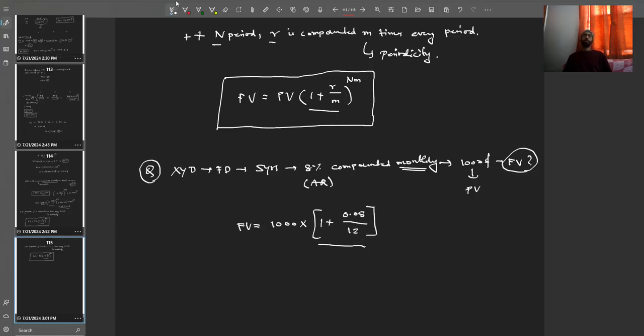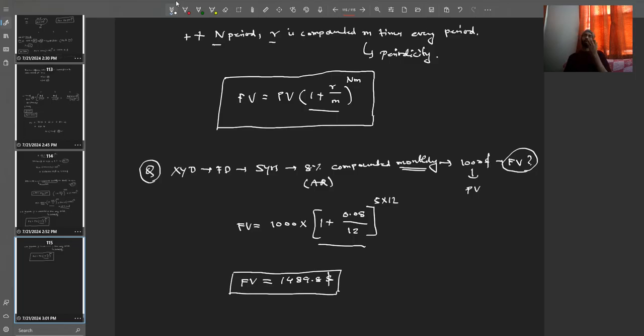This expression raised to the power of 5 into 12. 5 is the number of years or number of periods multiplied by the periodicity. So this value will become, you can easily calculate it, friends, 1489.8. So your FD after 5 years, its value will become $1489.8 approximately. So this is the way you do the calculations.